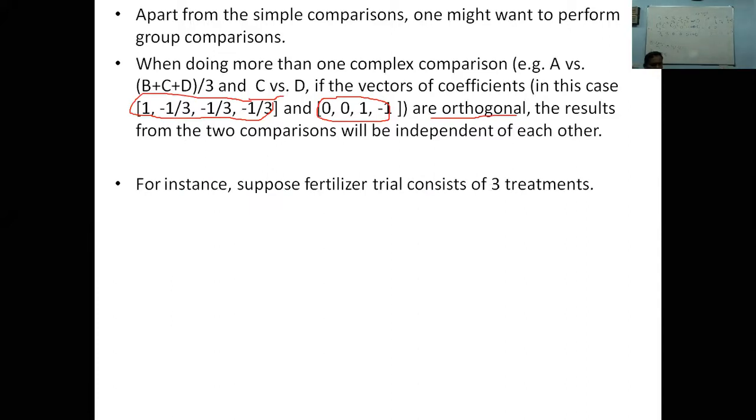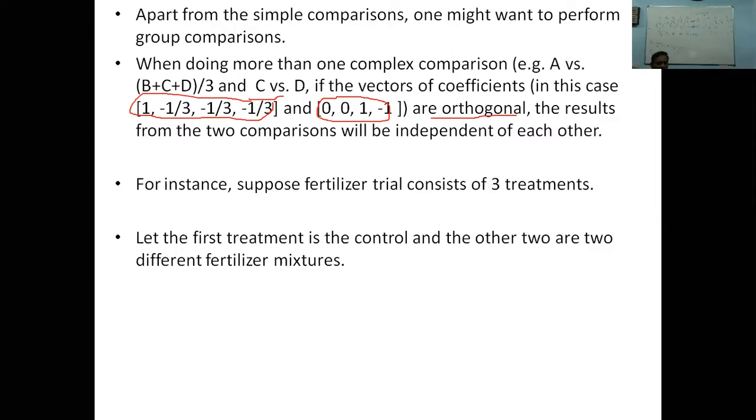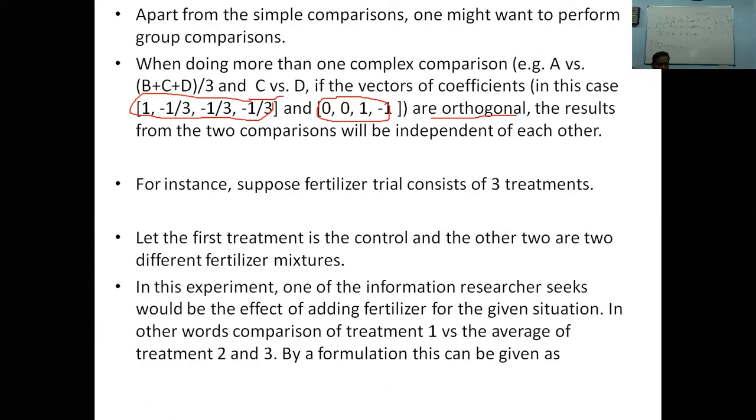For instance, suppose a fertilizer trial consists of 3 treatments. The first treatment is the control and the other 2 are 2 different fertilizer mixtures. In this experiment, one of the pieces of information the researcher seeks would be the effect of adding fertilizer. So the researcher needs to find out whether applying fertilizer will benefit.